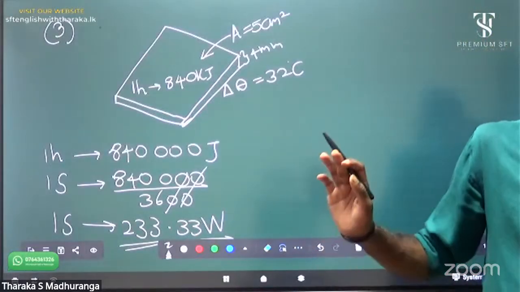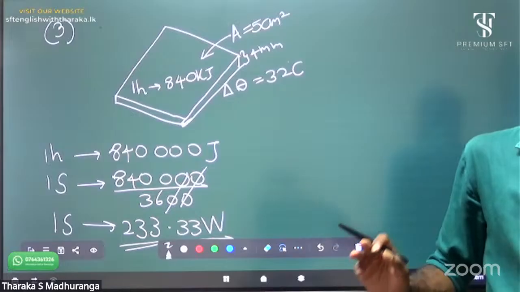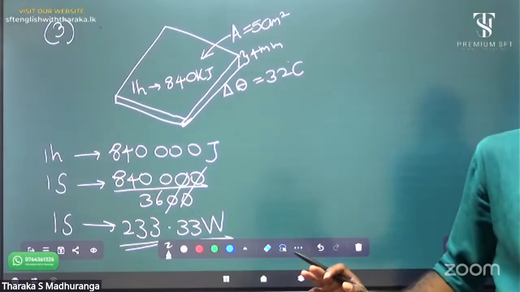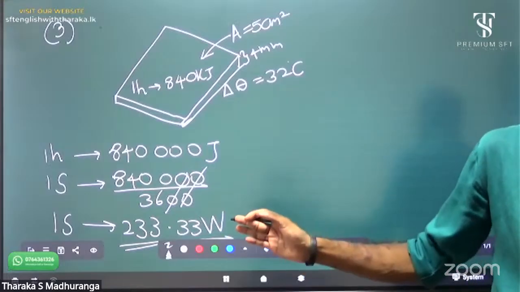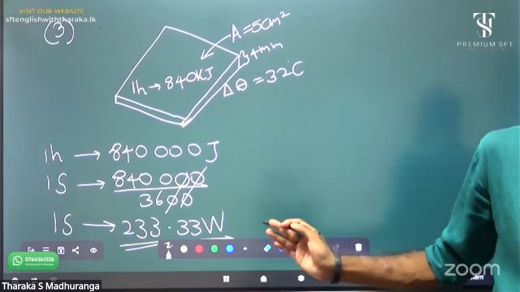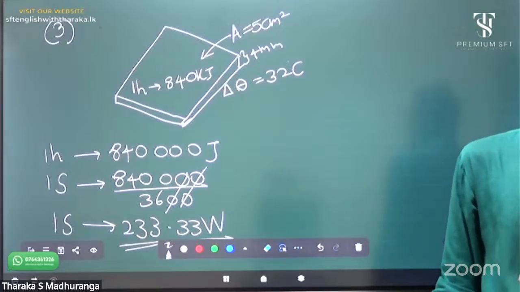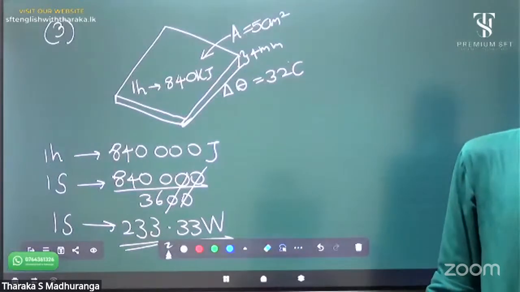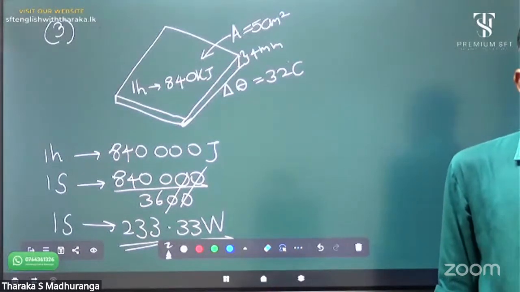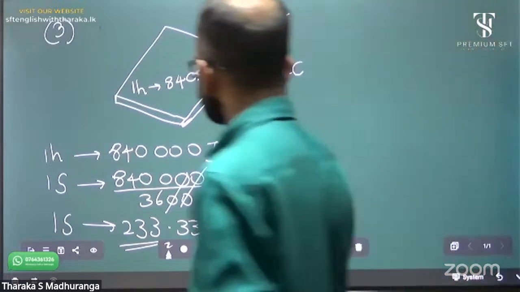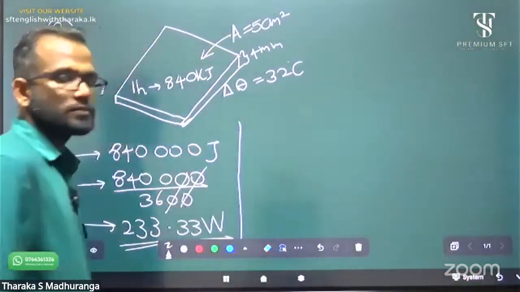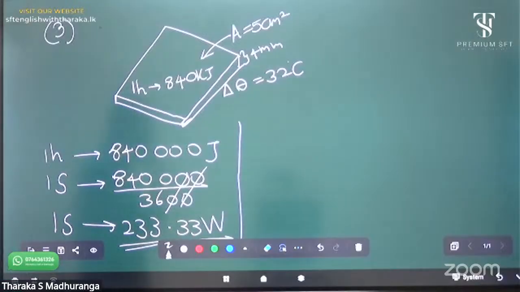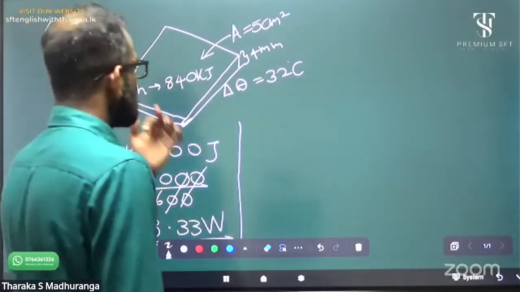That means within 1 second, the amount of heat transferred is 233.33 joules. That's why we call it 233.33 watt. Am I correct? But this is not the answer.